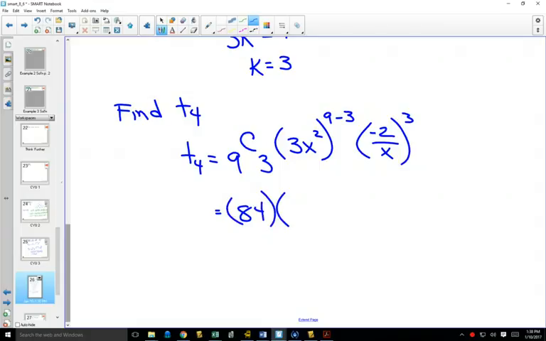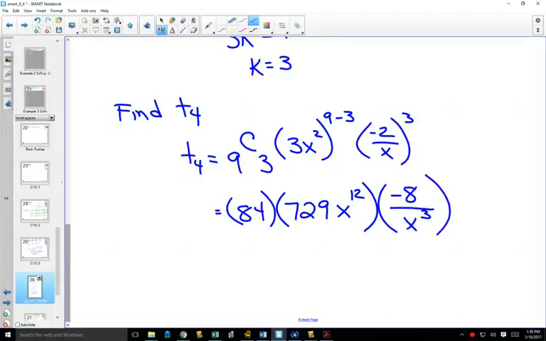Again, I'm going to do each of these separate. 3 to the power of 6 is 729. X to the 12. Negative 2 to the power 3 is negative 8 over x cubed. We can multiply all of our coefficients together.